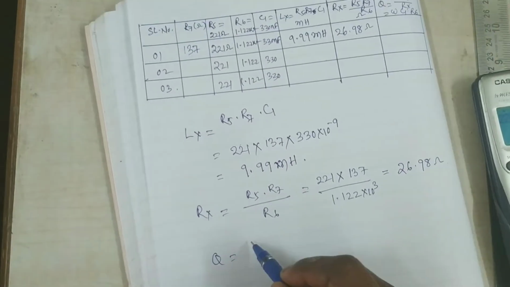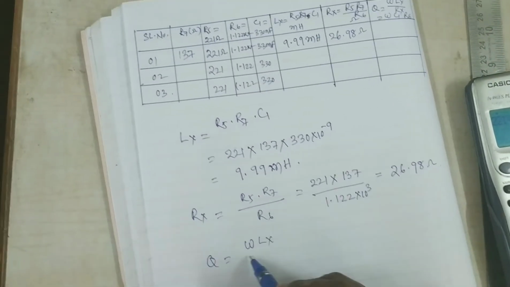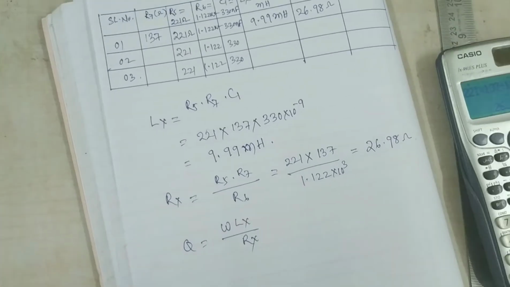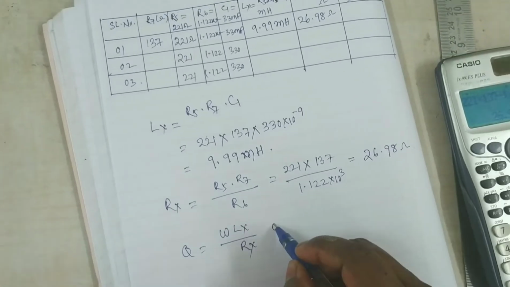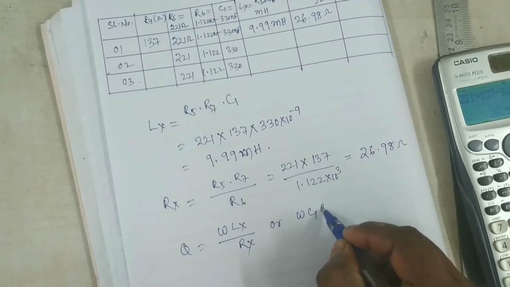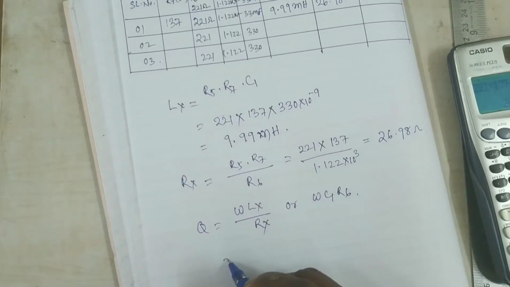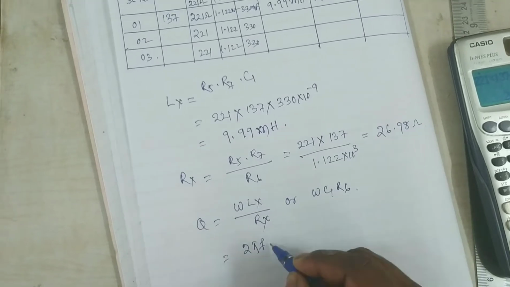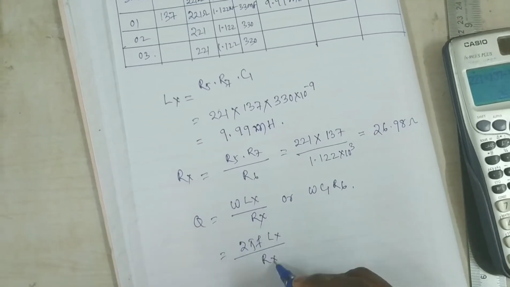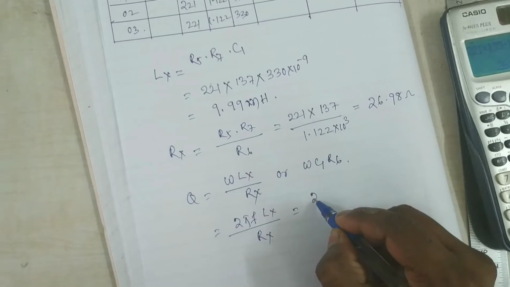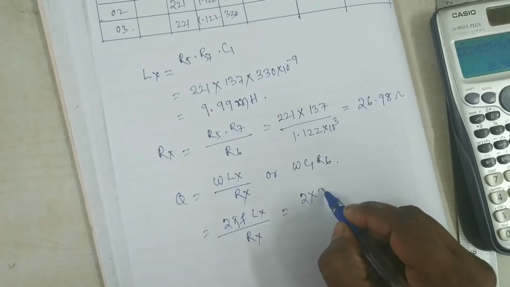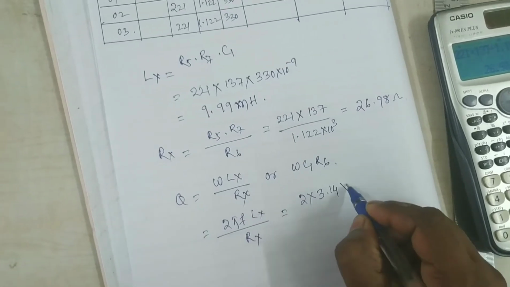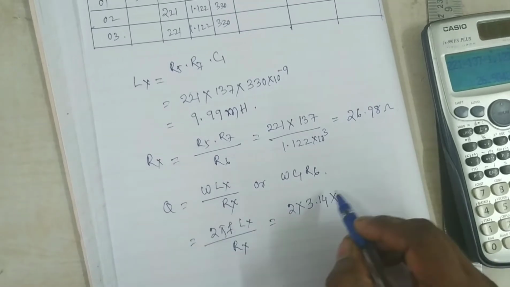So Q equal to omega Lx by Rx or omega C1 R6. So what is omega? Omega is 2 pi f. Lx by Rx. So 2 into pi value 3.14 into f. F is 1 kilohertz.